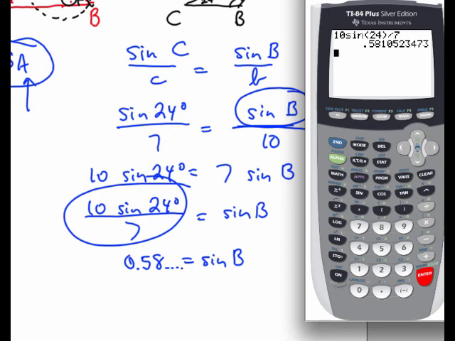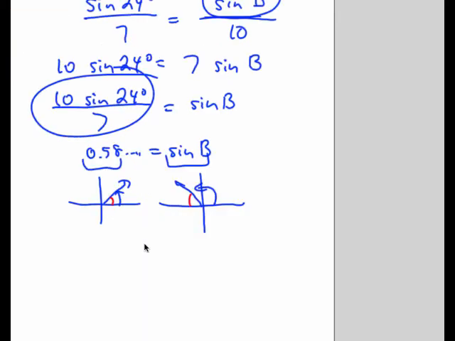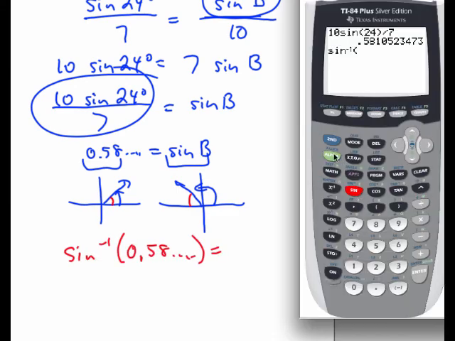Alright, now here comes the ambiguous part of the situation. We know from our study of trigonometry that sine can have a positive ratio in quadrants 1 or quadrants 2. And both of these angles we know have the same reference angle. So when I go inverse sine of 0.58-ish, my calculator says I have a reference angle of 35.52 degrees.